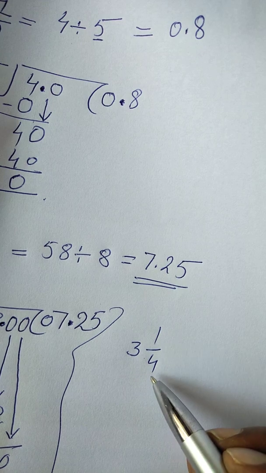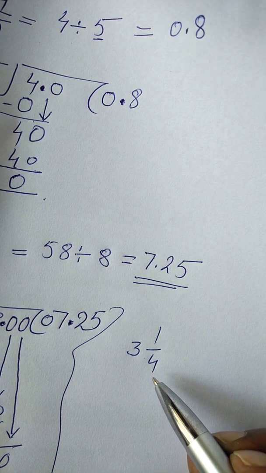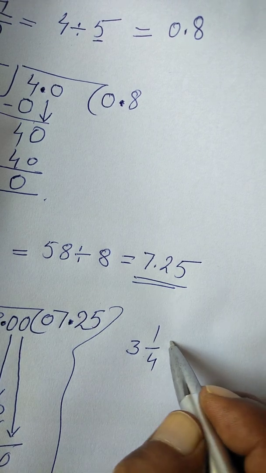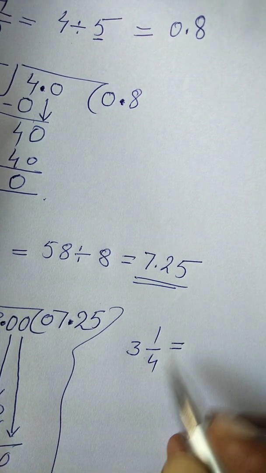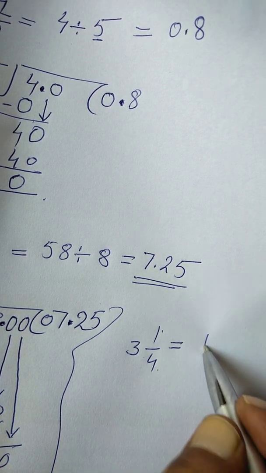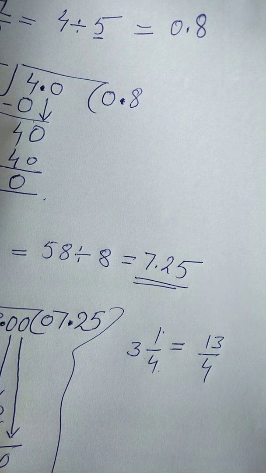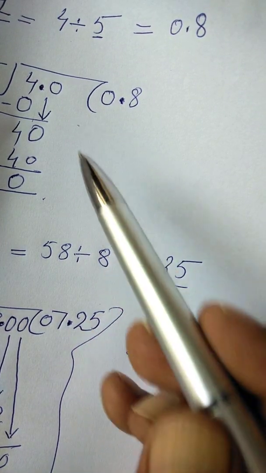This is a mixed number. So what's the improper fraction for this mixed number? 3 fours are 12 plus 1, 13. 13 upon 4.